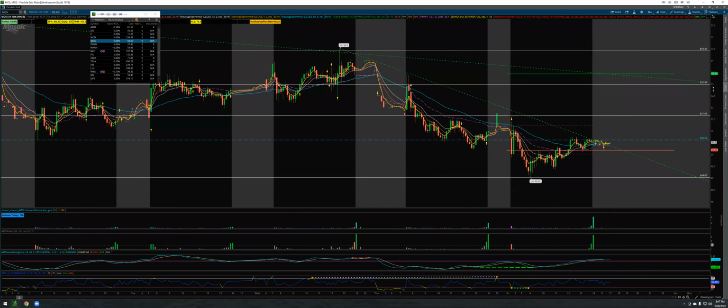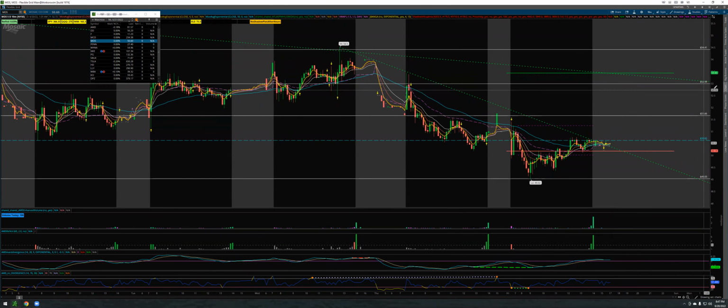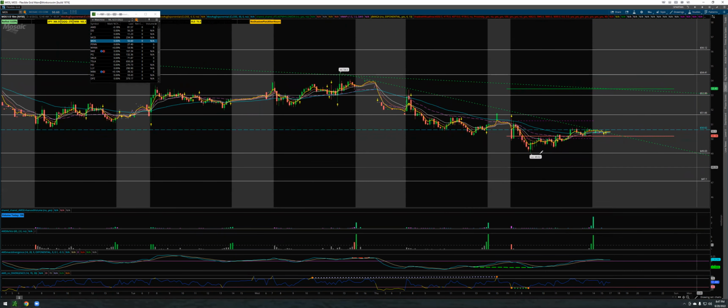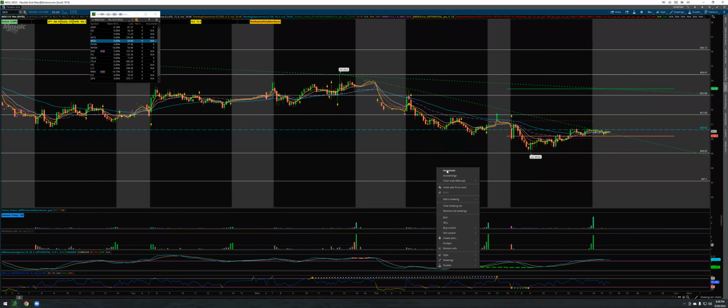So this is Mosaic, for example. Here it looks very interesting if it breaks 4102 because you have all the way to 47. But below here, if we break this level here, we have 4903 and then 4701. So this one is gonna have some range because you don't see anything on the downside here, right?